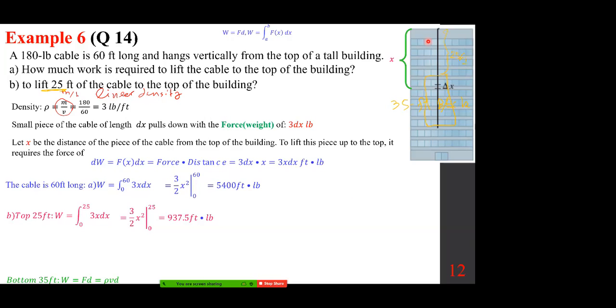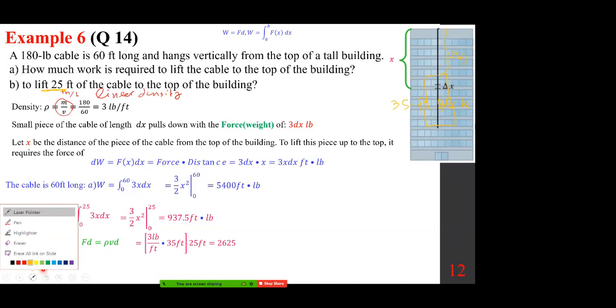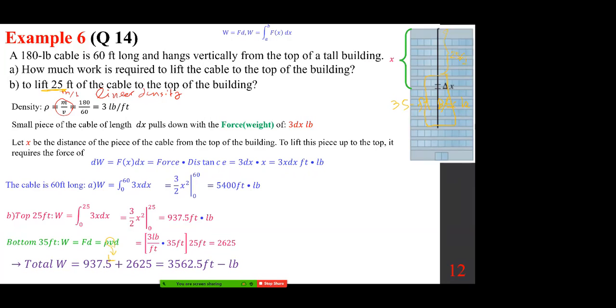In other words, the bottom part, you can think of it as a fixed part. Now, what is the total? Add them up. Add the two numbers up, and you're done.